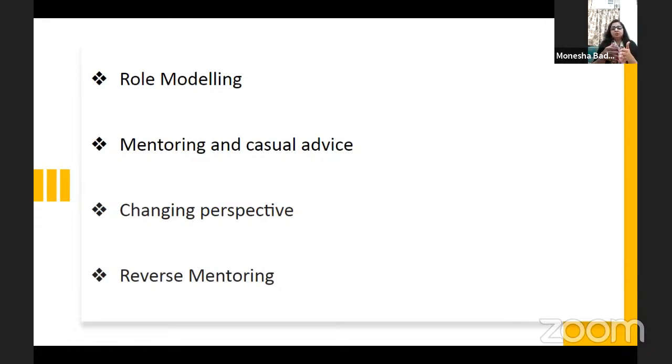Now, for students, having a mentor becomes helpful because you have a role model in front of you. What you aspire to be, there is someone out there who is already in that position, who already has that experience.